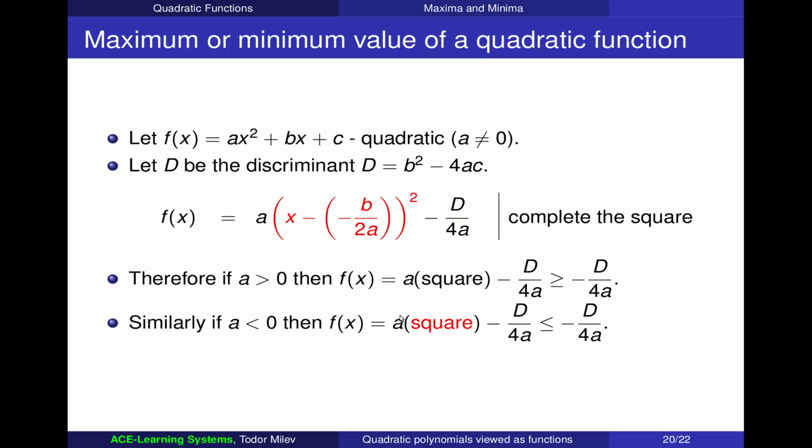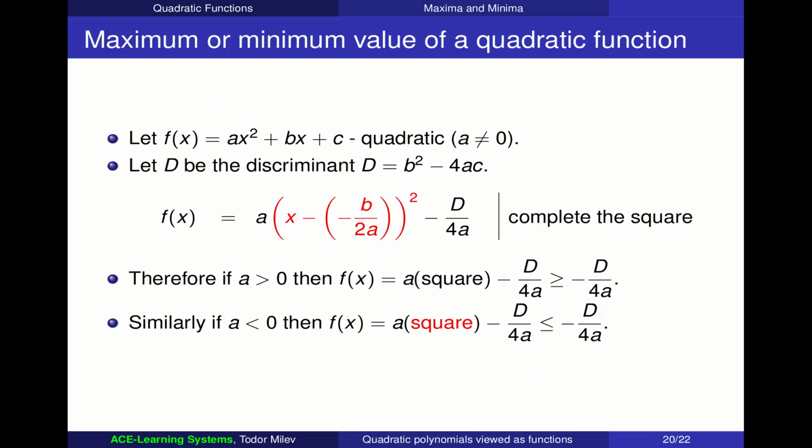Similarly, if my leading coefficient a is negative, then the square is still positive, and negative times positive is negative. So if my leading coefficient is negative, the value of my quadratic can never exceed negative d over 4a. Right? My quadratic can never attain a value larger than negative the discriminant over 4a.